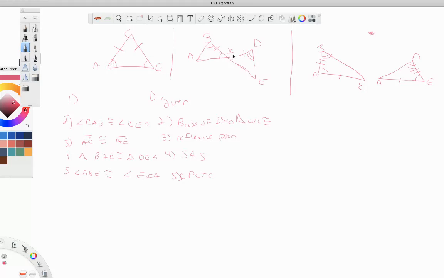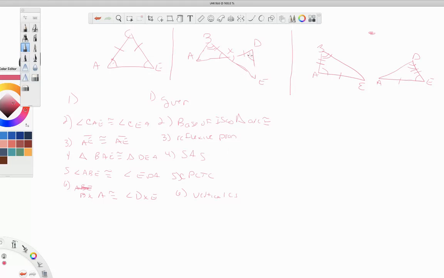But I can say that these two angles are congruent because they're vertical angles. So I can say that angle BXA is congruent to angle DXE because of vertical angles.